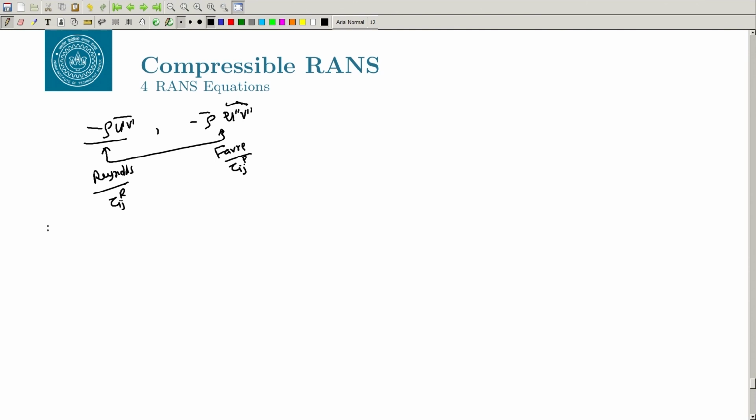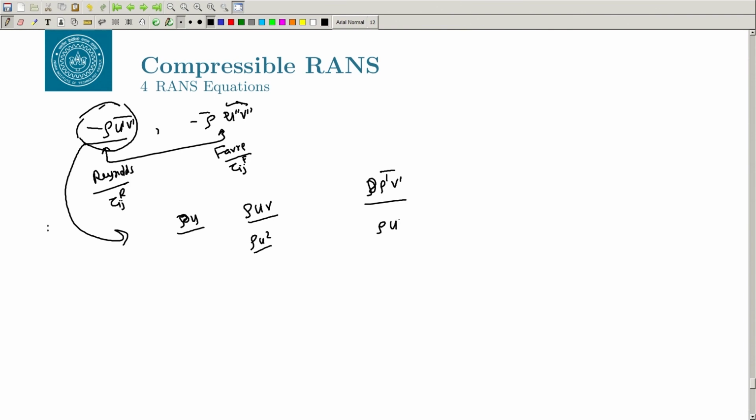One way, if you want to get the value of this, is to try getting a dynamical equation for it. You have the equation for rho u in the momentum equation, and you can use the equation for rho u v, for example, and you will get an equation for rho u prime v prime bar by subtracting the mean flow from there. Similarly, if you take the rho u square term, that will give you rho u prime square bar.